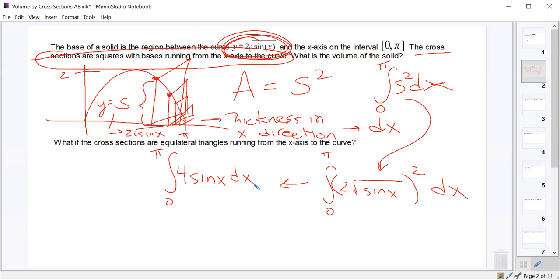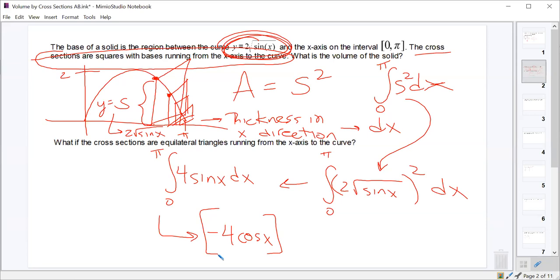And what's the integral of 4 sine x? Negative 4 cosine x. Good job at home. Negative 4 cosine x.